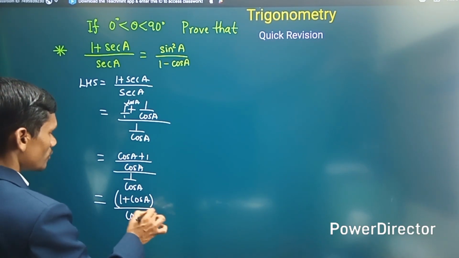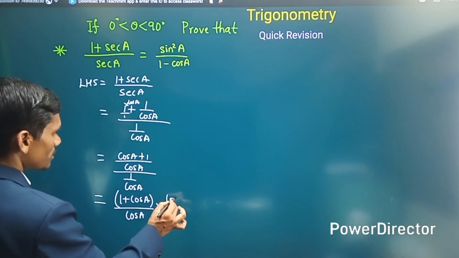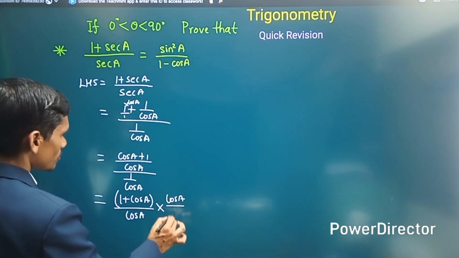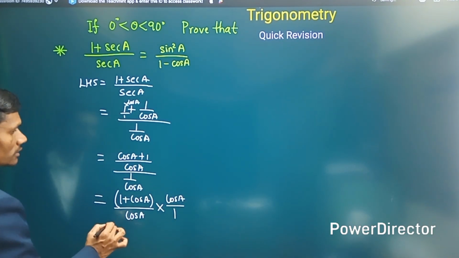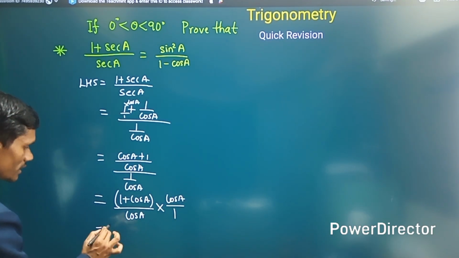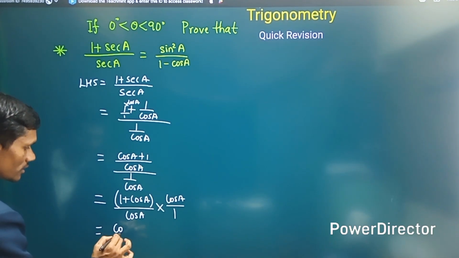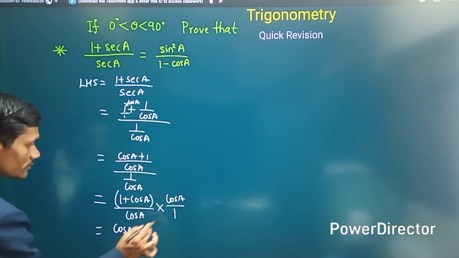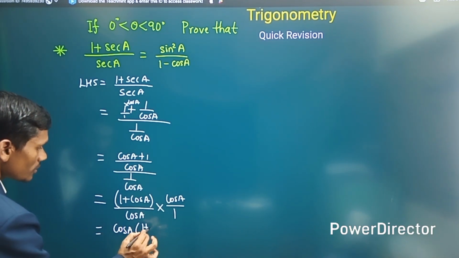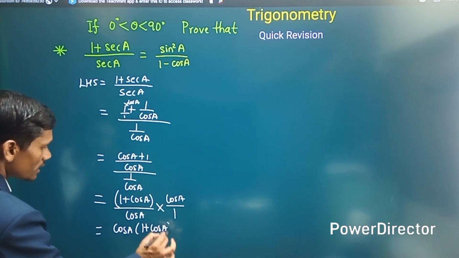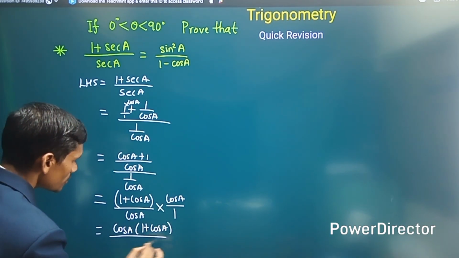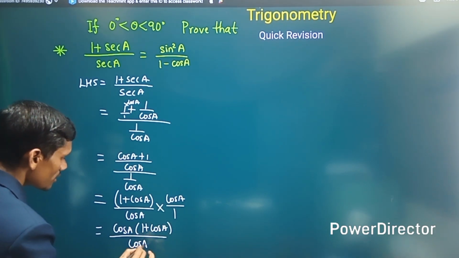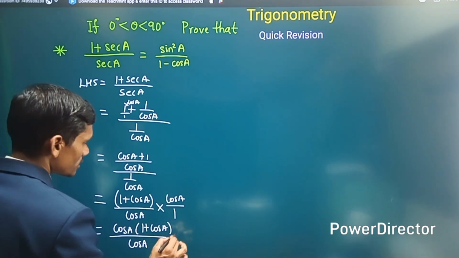And if you take the reciprocal and write, this becomes cos A by 1, right? If you simplify this, here cos A into 1 plus cos A, right? Here divided by cos A, they will get cancelled now, right?